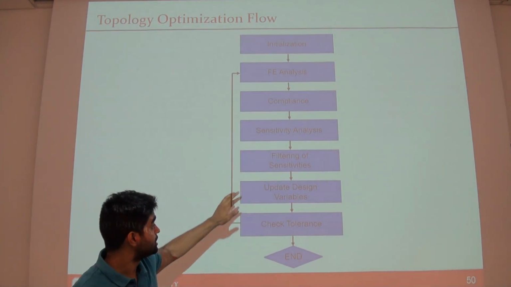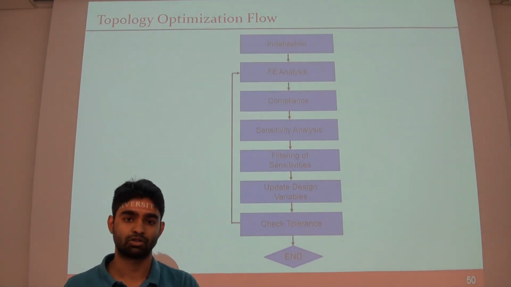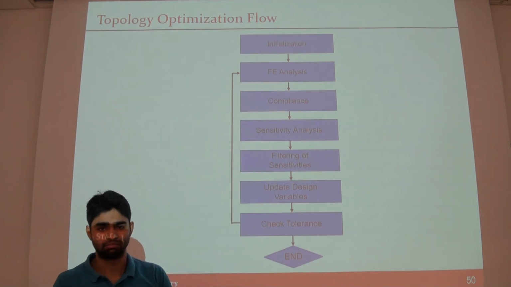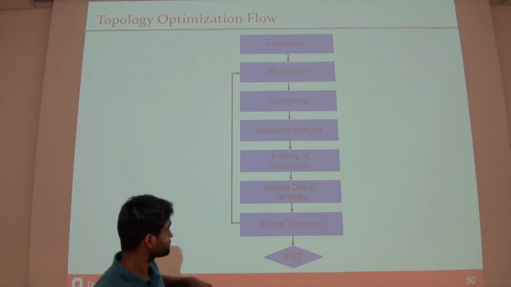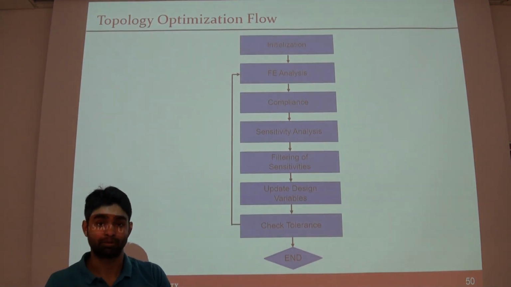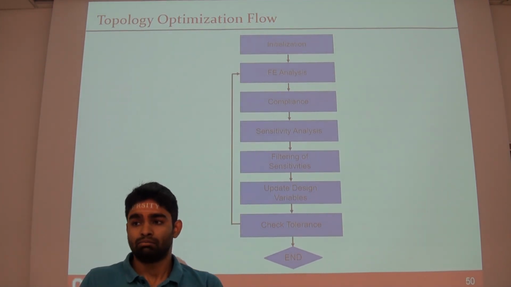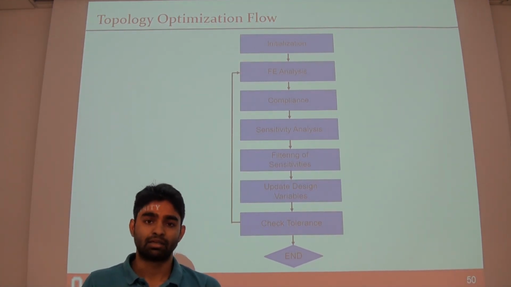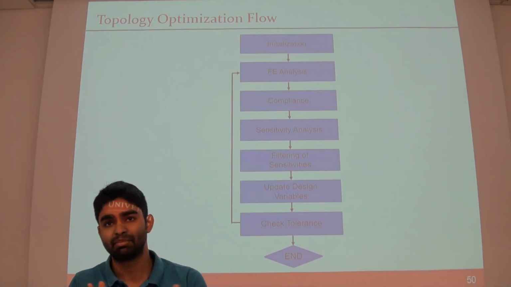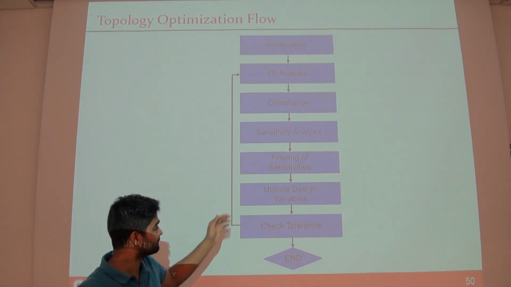Now this is done to get rid of some of the limitations of the topology optimization code, and I will be talking about filtering in the next 10 minutes or so. Once we filter, we update the design variables using an optimization criteria. Here we use optimality criteria, but instead of optimality criteria, it could be anything from evolutionary to gradient based or anything. Optimality criteria is rather gradient based itself.